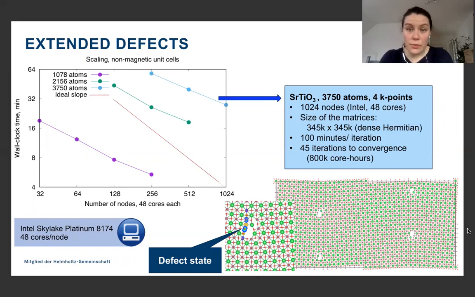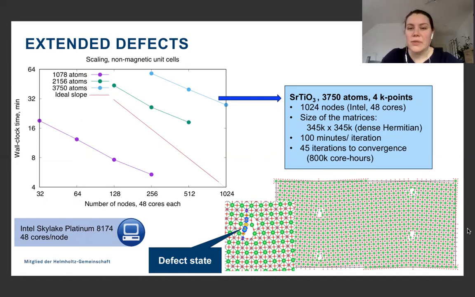So this system has almost 4,000 atoms. The calculations were done with 4 K points. And for that, we needed 1,000 nodes. The matrices for the eigenvalue problem, you have 2 of them, remember? And they're dense and Hermitian. Actually, it wasn't complex in this case, but it was dense.